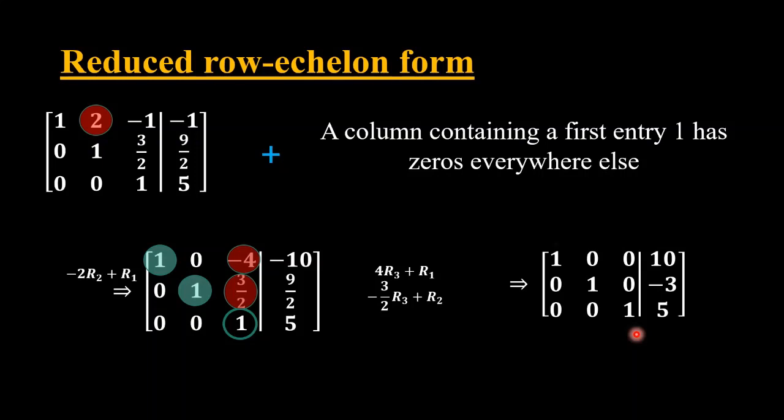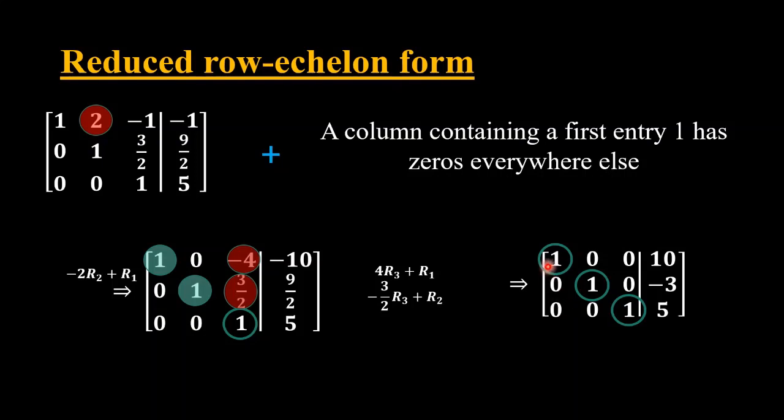In this matrix, the first non-zero entry in each non-zero row is 1, and it is to the right of the leading non-zero entry in the preceding row. Here there are no zero rows; if they existed, they should be at the bottom of the matrix.